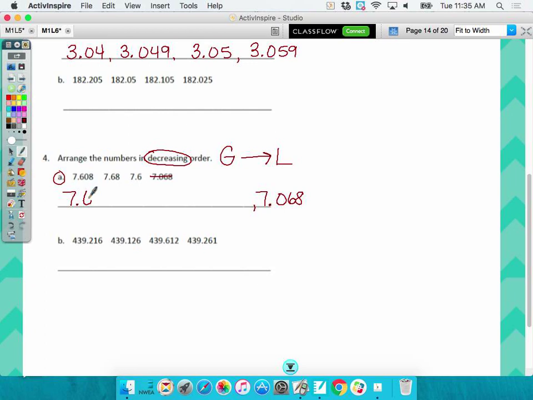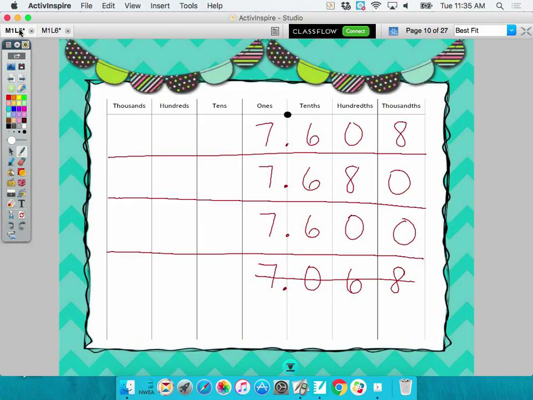7 and 68. Say it again. 7 and 68 hundredths. Okay, back to the place value chart. Jared, which number is larger, 600 or 608?